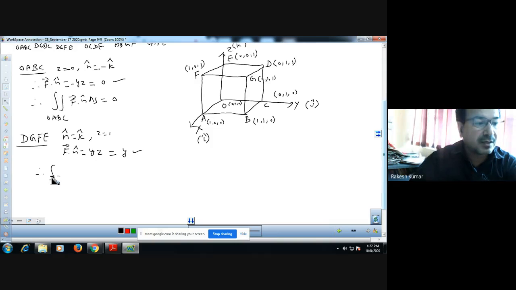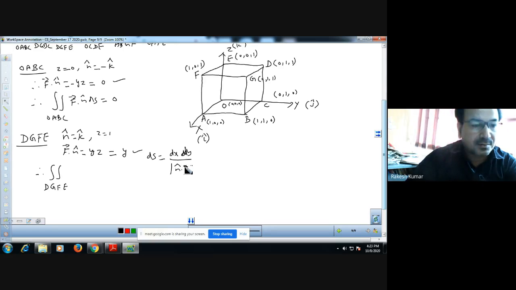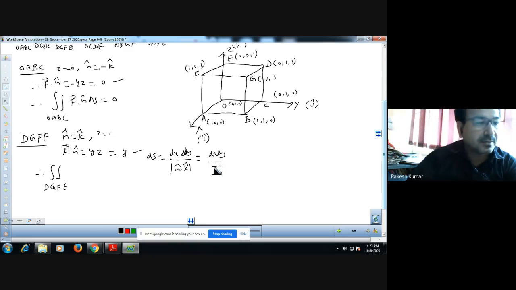So you can evaluate the double integral along DGFE. And one more thing you can evaluate, ds. ds we have to find out along z-axis, but it is lying in the xy plane. So that is dx dy divided by n cap dot k cap, divided by, what is the n cap, that is k cap. k cap dot k cap comes out to be 1.